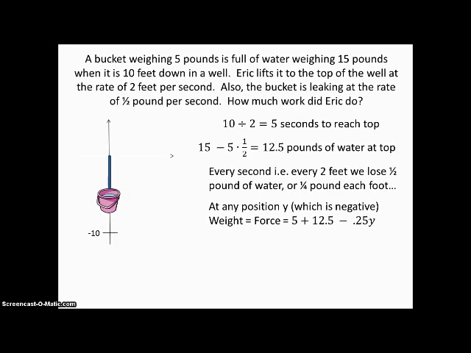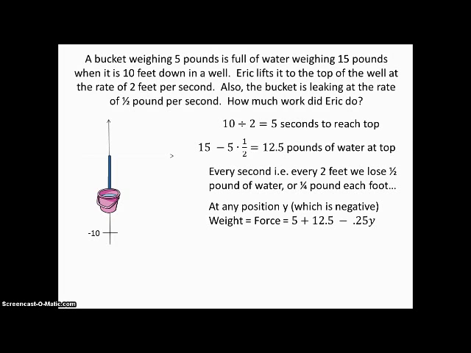And then since y is negative, I'm actually adding 1/4 pound for each foot that we move up, because y is negative, and so that's going to make it, for example, when you're down at negative 10, you're going to be adding 2.5 pounds to get the 15 pounds.